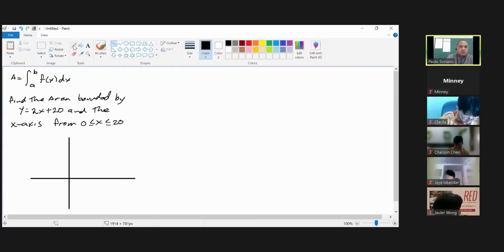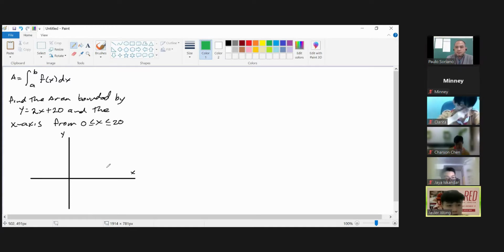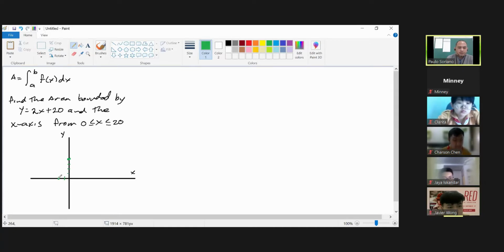The easiest method to use is the intercept method, right? What are the intercepts? Can someone give me the intercepts? Y is 20, so 5, 10, 15, 20. X is 10. 5, 10.